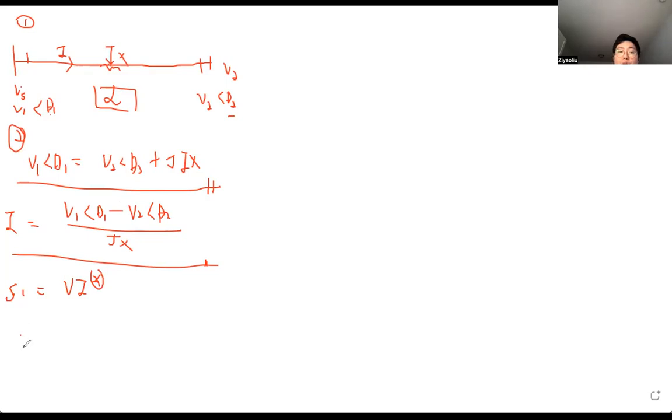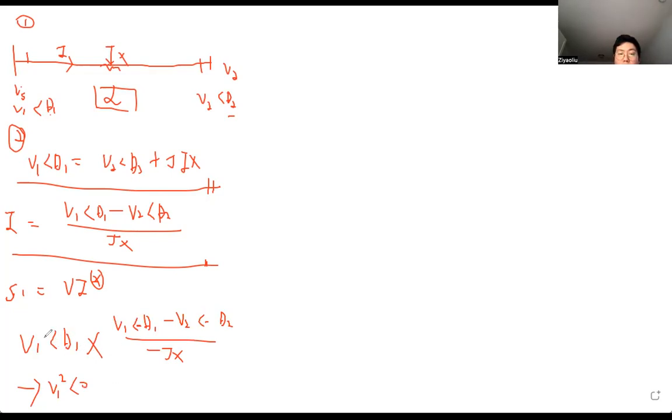So V1 angle theta 1 multiplied by the conjugate: V1 angle minus theta 1 minus V2 angle minus theta 2, divided by minus jX. V1 times V1 is V1 squared, and the angle is 0.